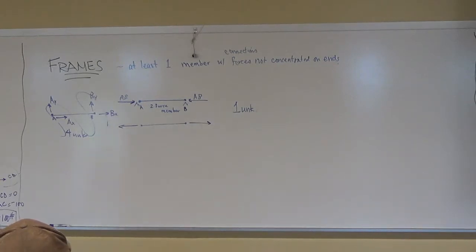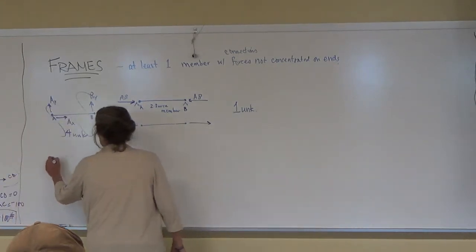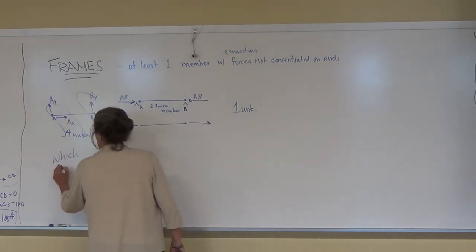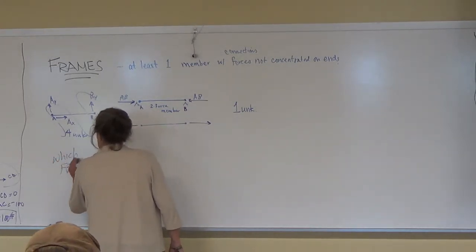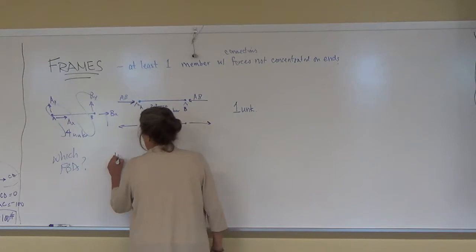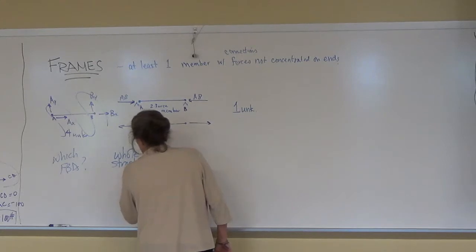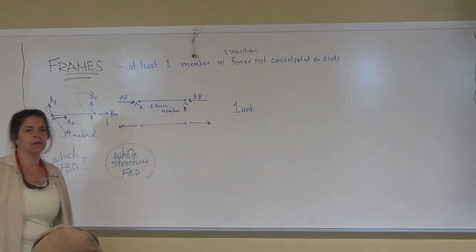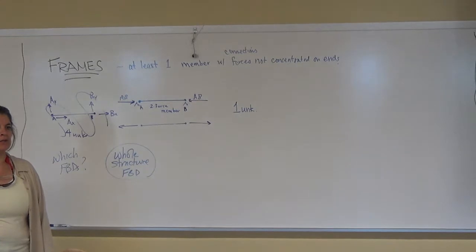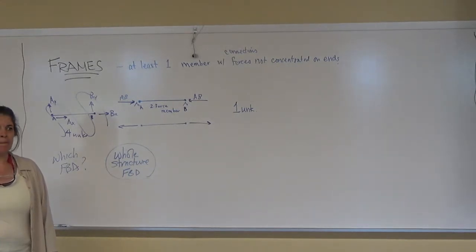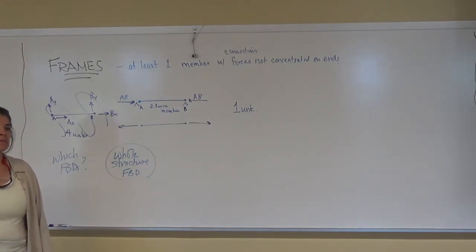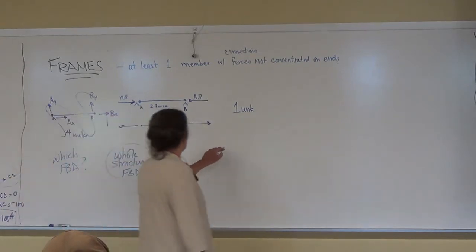The whole diagram, the whole structure. So which free body diagrams? And we typically said the whole structure was one that was typically good, and what was another one that was typically good? The one that has what you're trying to find. Right.